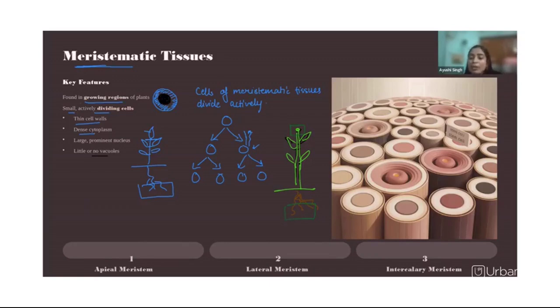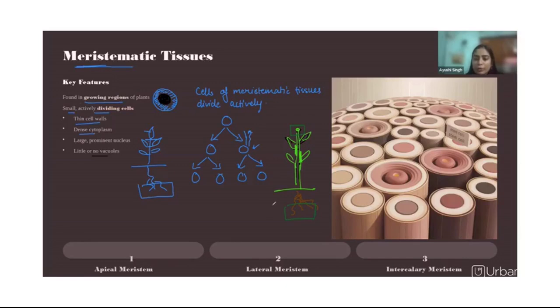The meristems which are present on the sides of the stem, if this hand is a stem, so on this and this side, are known as lateral meristems, because they are present laterally, on the stems and roots also.